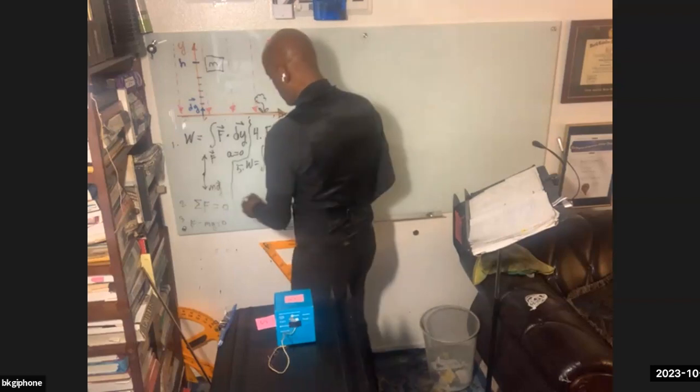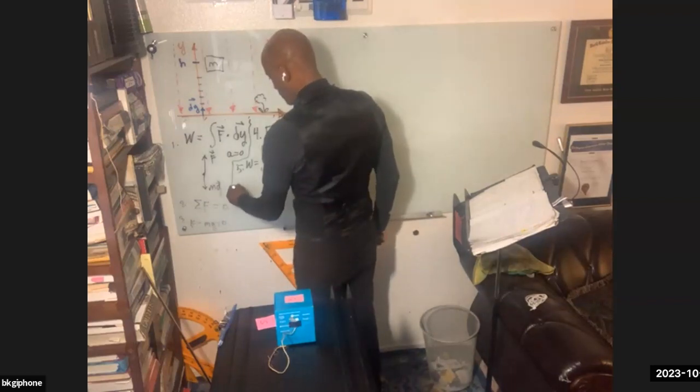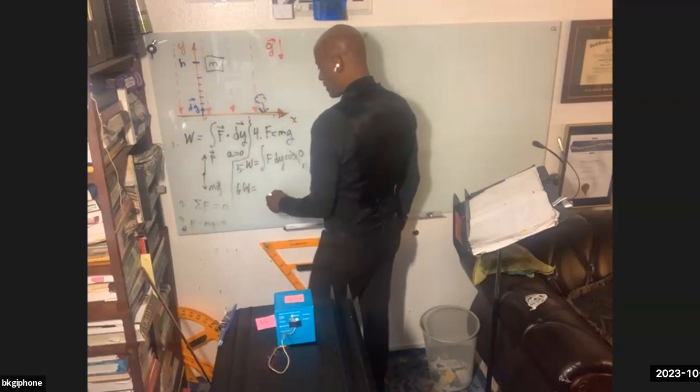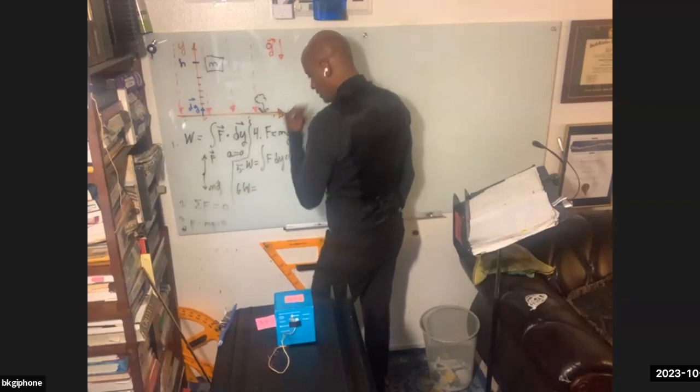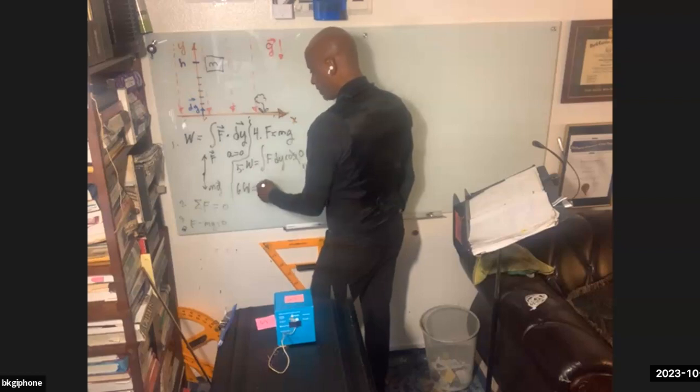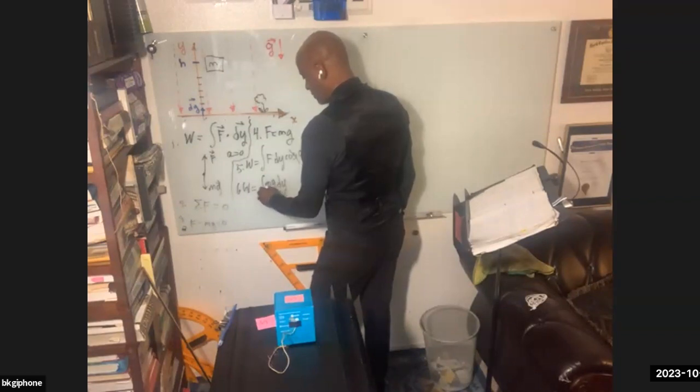So what I'm doing is working out the integral of, I guess I didn't really have to do it as an integral. It could have been a constant force, but still, it's not much different than this working out. So F is mg. So I have the integral of mg times dy, where y goes from 0 to a specific position, say h in this case.